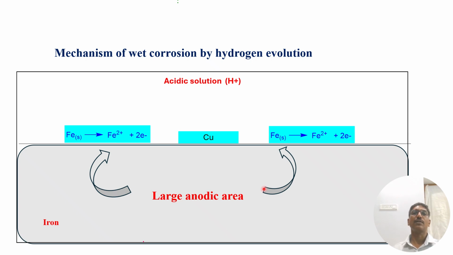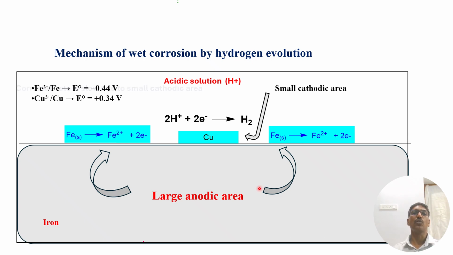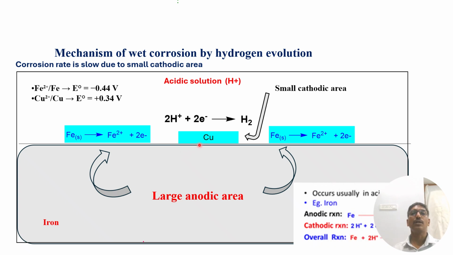Iron sits at negative 0.440 volt, while copper sits at positive 0.34 volt, giving iron the stronger tendency to get oxidized, that means losing electrons, and copper the tendency to remain reduced, that does not undergo oxidation. In other words, iron acts as the anode and corrodes, while copper acts as the cathode and is protected.